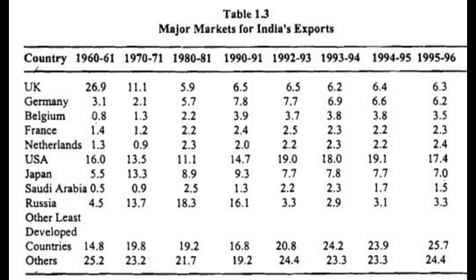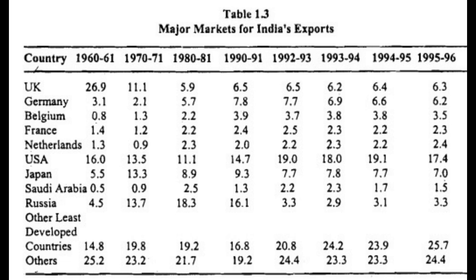You can also see in the table that the 6 major customers of India were UK, USA, Japan, Russia, Germany and France during 1960 to 61. They accounted for about 54% of India's total export.